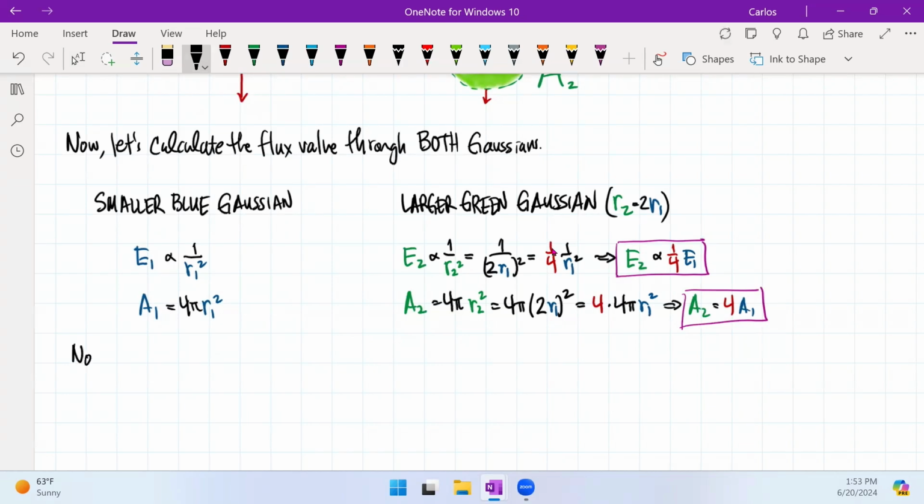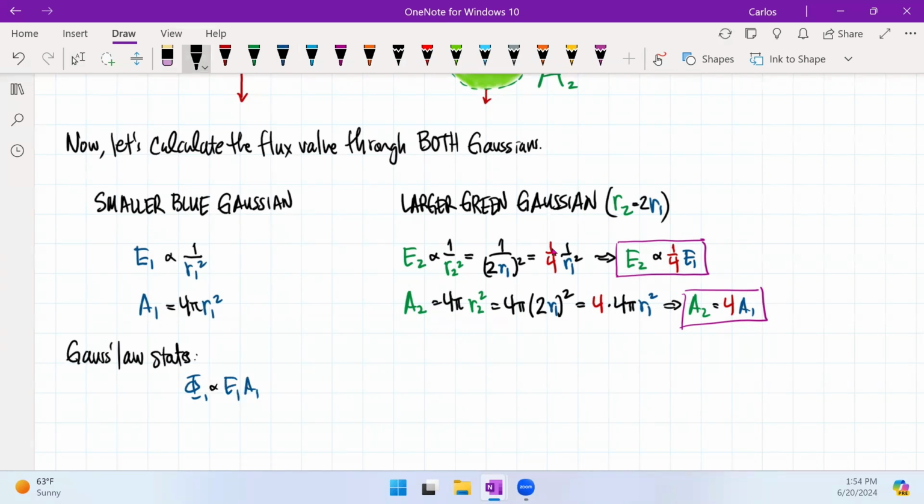Now, okay, so Gauss's law states the following. We clearly see that when I look at the flux of 1, this is going to be proportional to the electric field of 1 times area of 1.